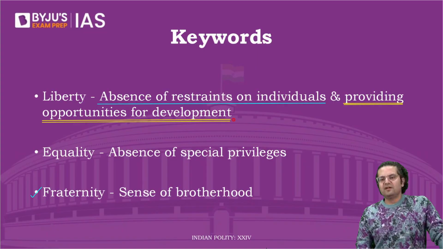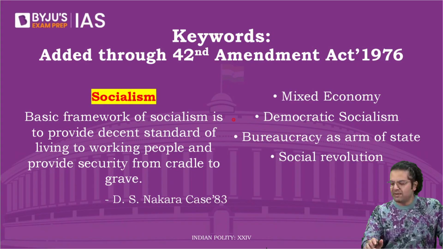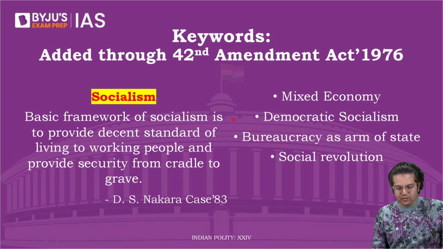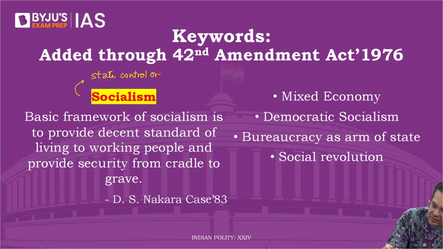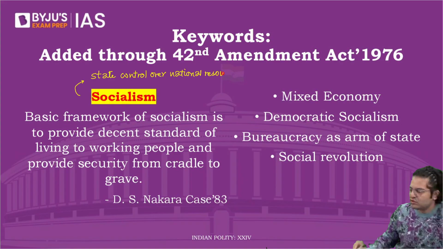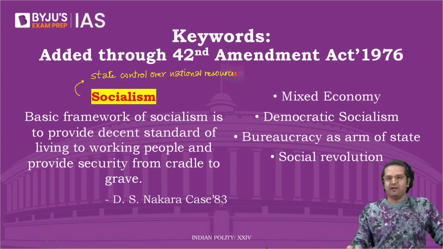Now, three words have been added in the preamble through the 42nd Amendment Act. One is socialism. What is the idea of socialism? Socialism refers to what? State control over national resources. That's socialism. But Indian socialism is different.